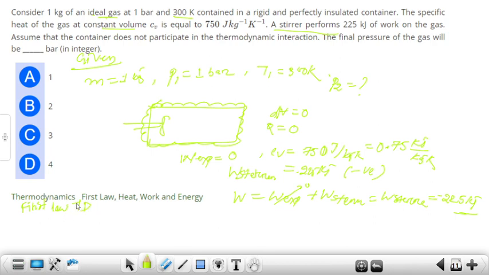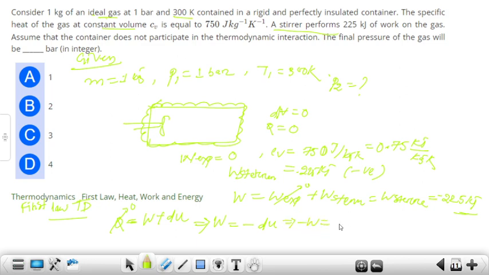So from the first law of thermodynamics, Q is equal to W plus dU, and Q is given as 0, so minus W is equal to dU, as work is negative.